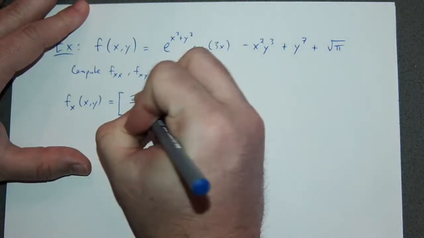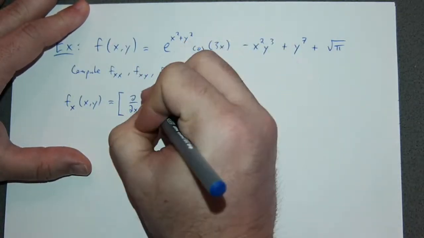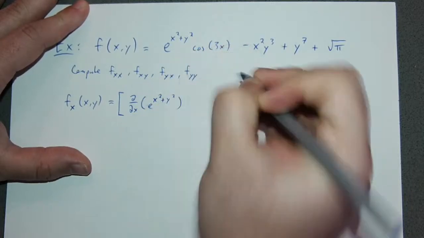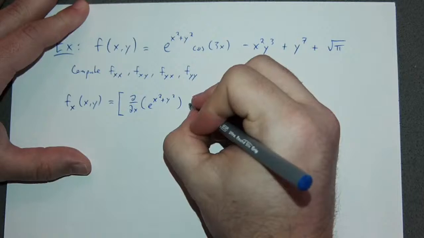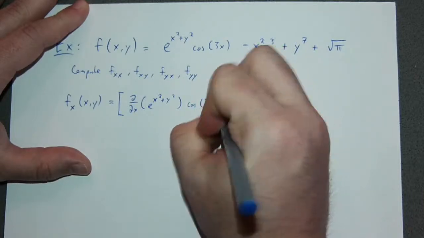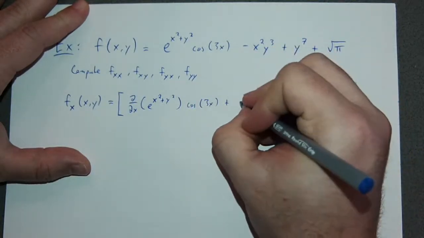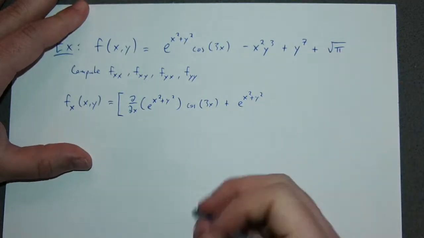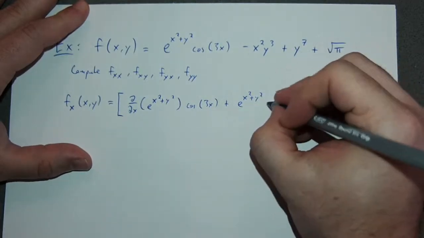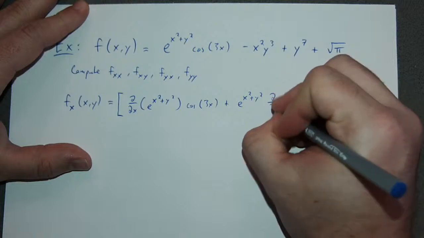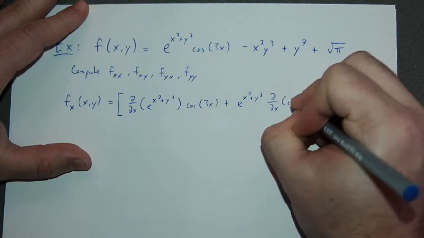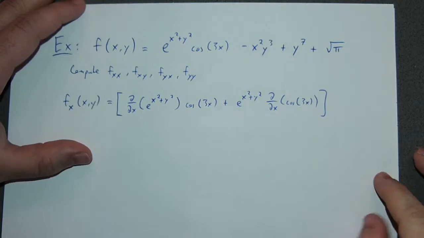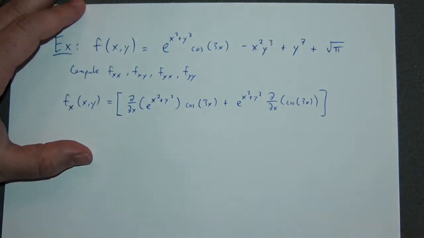So this is the x partial of the first thing, so that's e to the x squared plus y squared, times cosine of 3x, plus e to the x squared plus y squared, times the x partial of cosine of 3x. Okay, that's what I get here.